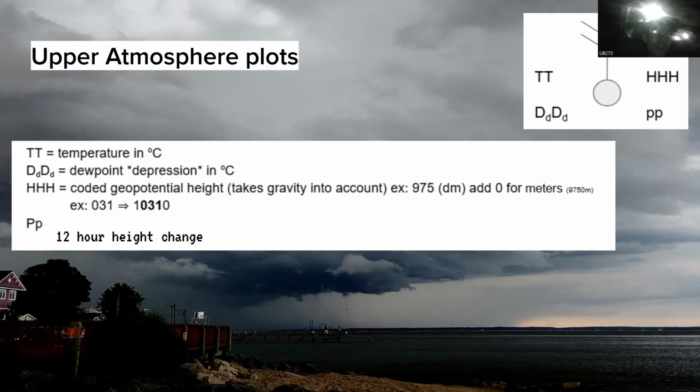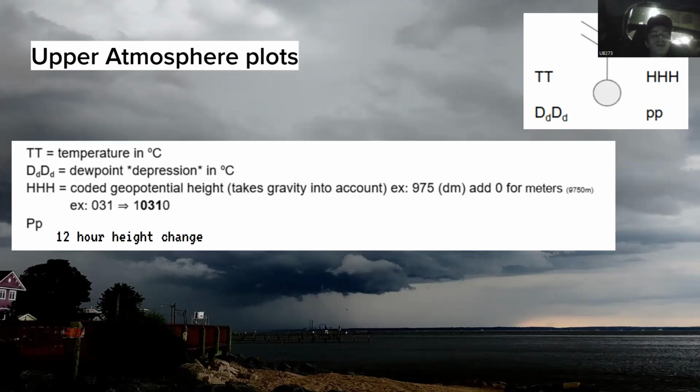Now, if you have a number that starts with a nine, so let's say 975, that is in decameters. That's the unit that we use, and the reason we use that instead of just meters is because we would have too many digits and we just don't need that clutter on the map. But if you want to know what it is in meters, just add a zero at the end. So it'd be 9750 meters.